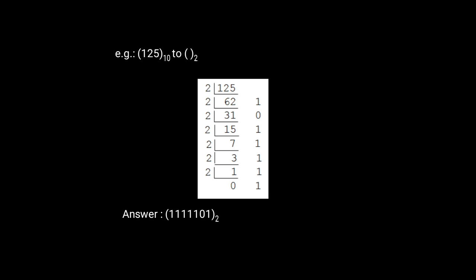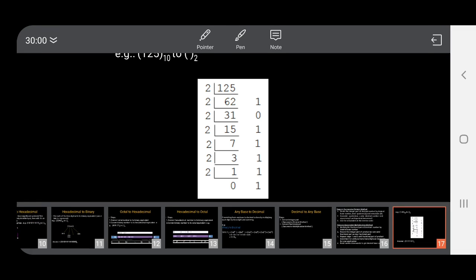Next, again you can successively divide each quotient by 2 and put the remainders aside, and you can consider these are the remainders here. You can put these remainders in the reverse order, means you can consider from bottom to top.